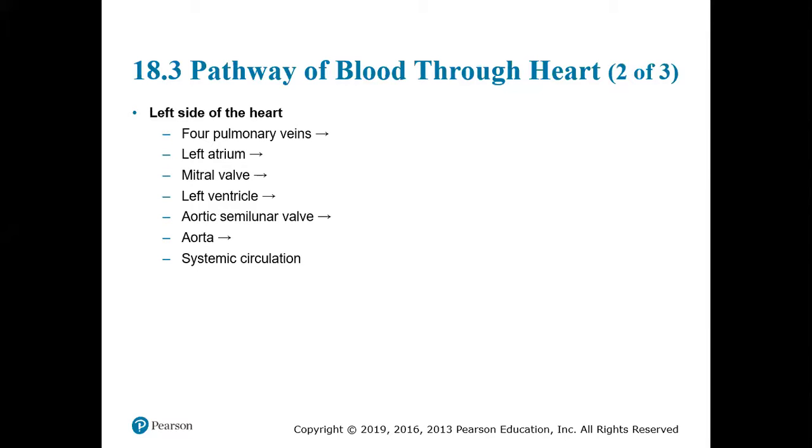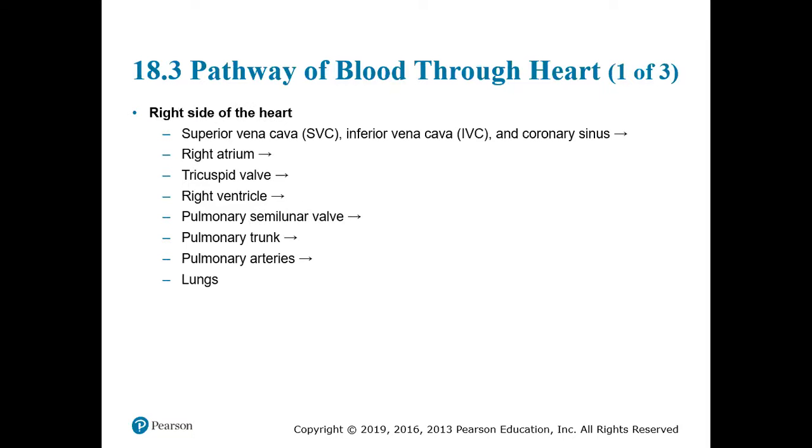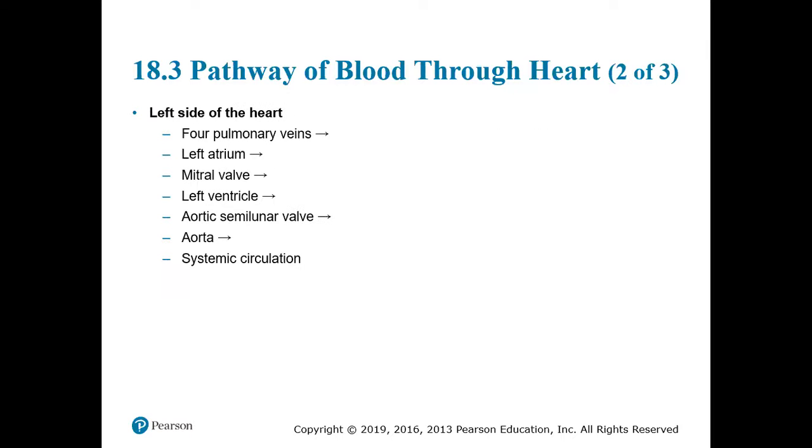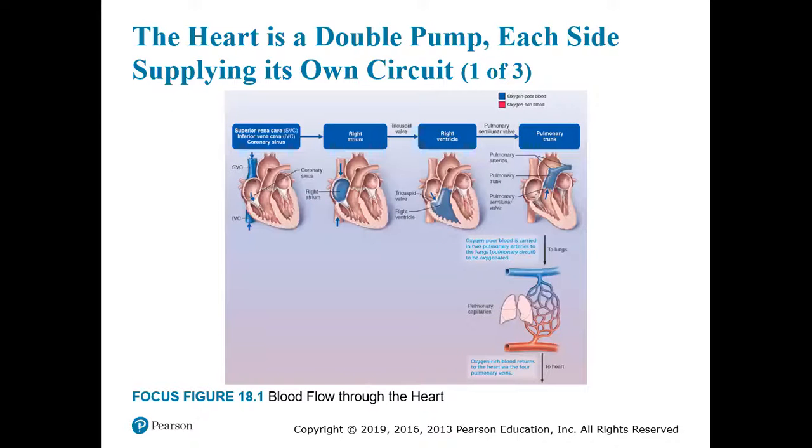That's very important. Now you're talking lung. Left atrium, mitral valve, left ventricle, aortic semilunar valve. That's the one we covered in part 1. Aorta, largest artery, where systemic circulation begins. Now, you have to have the right side and left side in order to have full systemic circulation. Very important to have that. So keep in mind left side, right side.